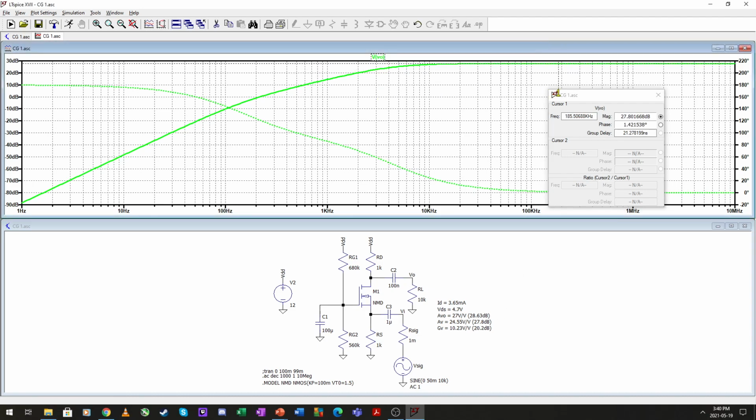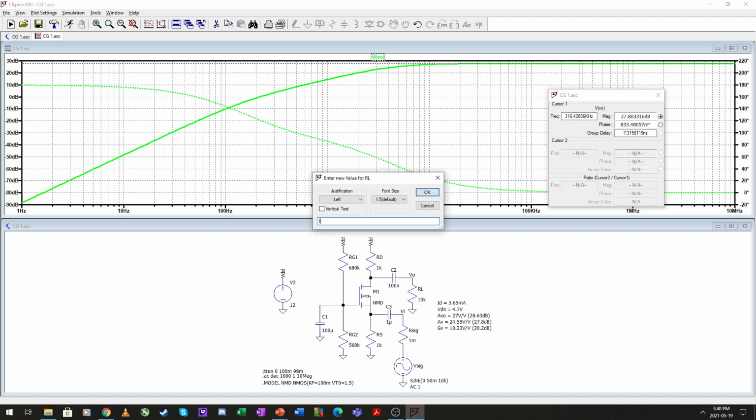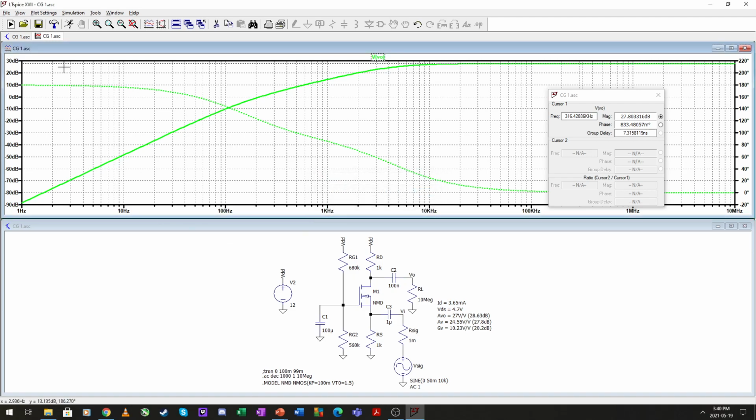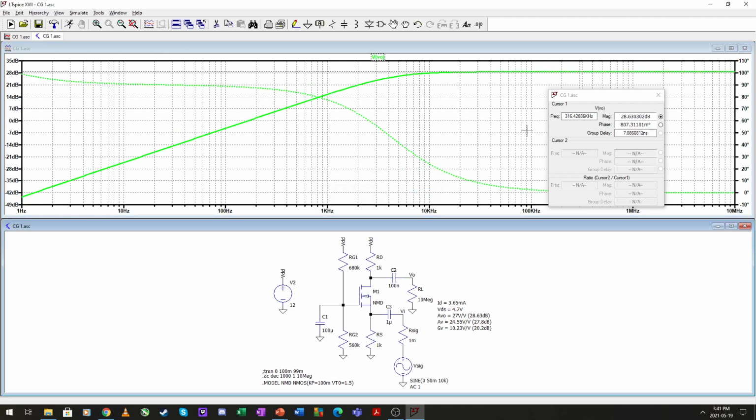And this, sorry, that's on the edge there, so 27.8. And let's make this load ridiculously large, and that will be the maximum gain of our amplifier at 28.63 dB. And that is our common gate amplifier.